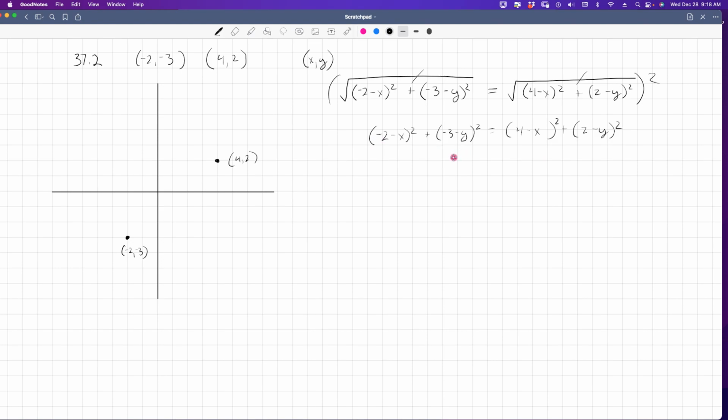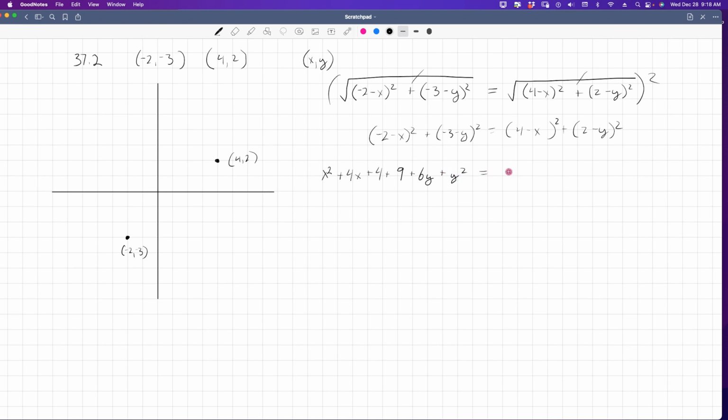You'll then combine all of the terms, which would give us, let's see, on this side we would have x squared plus 4x plus 4 plus 9 plus 6y plus y squared.